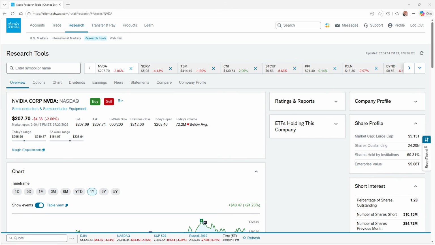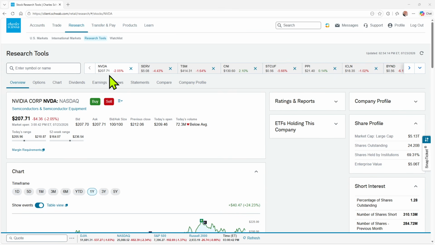So let's take a look at where we can find float on Schwab.com. That's going to be the first place that we're going to start. Now, on Schwab.com, we've got to kind of infer that information a little bit. So I am on the research tab on Schwab.com, and I've got a symbol pulled up. In this case, I happen to pull up NVIDIA. NVDA is the symbol.